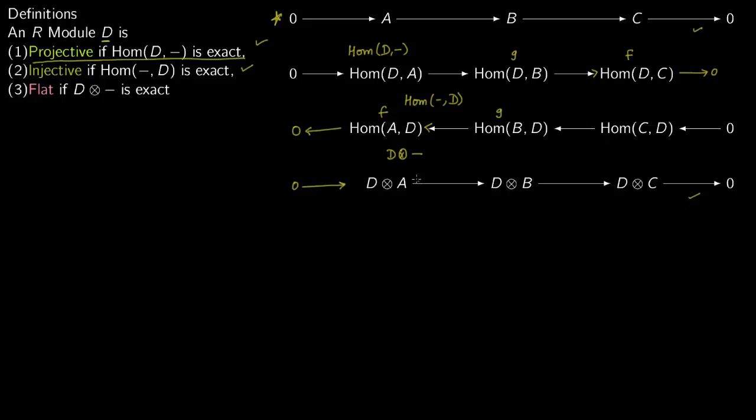So to put a 0 here, you have to make sure that this map here is injective. That is all. You have to show that this map is injective. If 0 is not here, this map may not be injective. So if you can show that this map is injective, then you have a flat module, if this functor D tensor with this is exact.